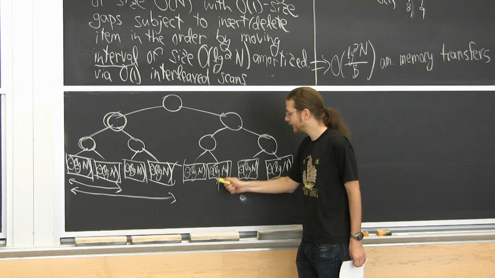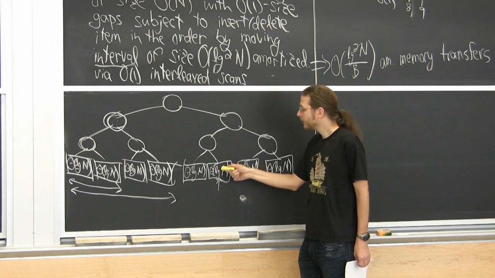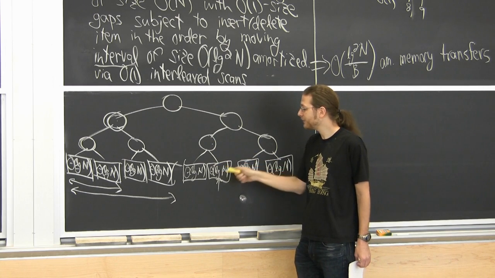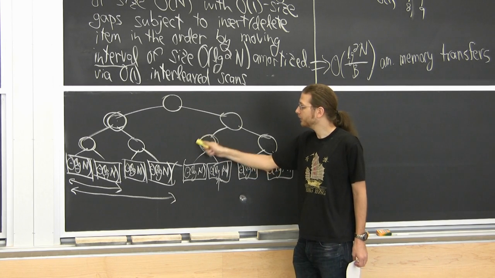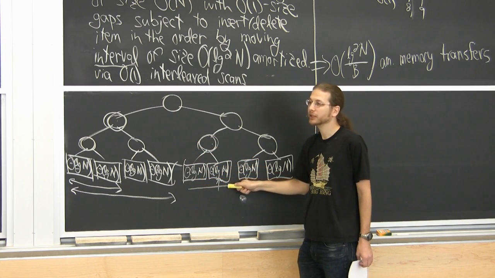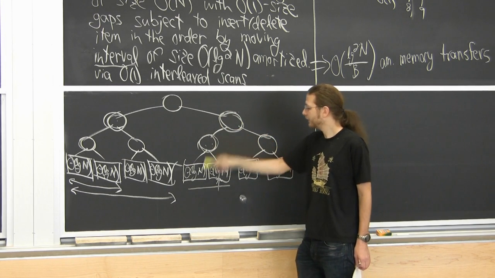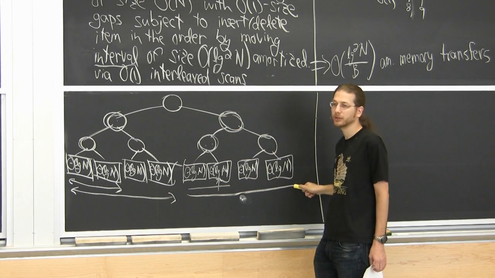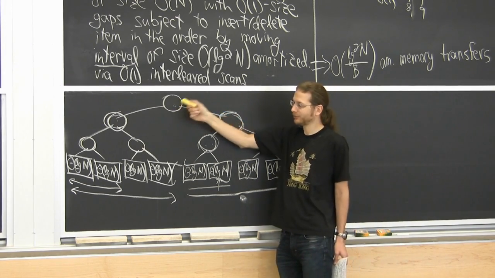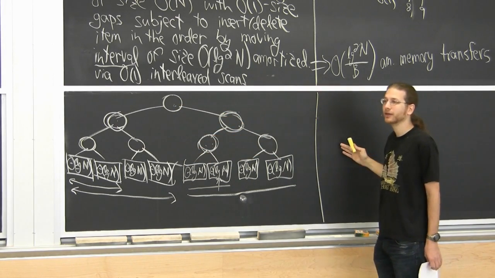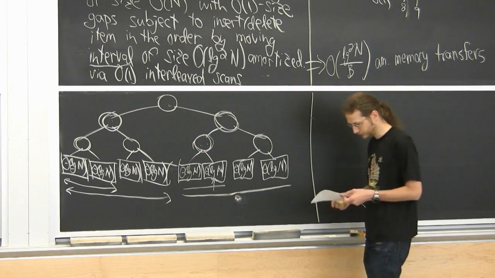Let's say we want to insert an item in here. So we insert it here. If there's not room for it, we walk up the tree. If this interval is too dense, I'll look at this node and its corresponding interval here to here. If that's still too dense, I'll walk up to the parent and look at this interval from here to here. And so on until, at most, I redistribute the entire array. And when I do that, I'll just evenly redistribute.